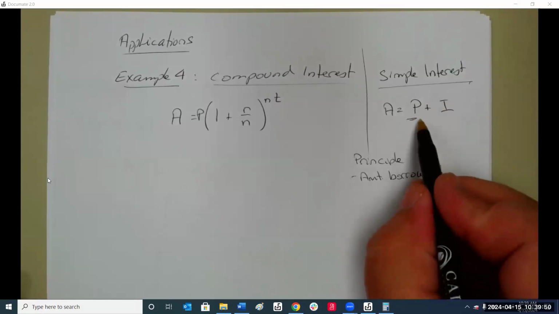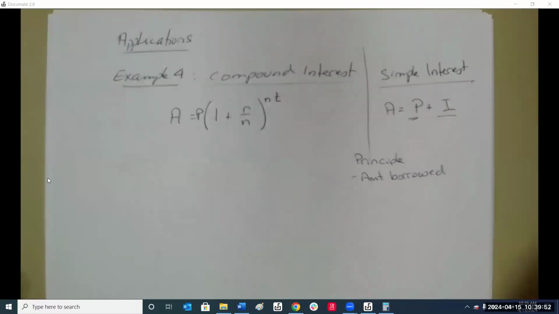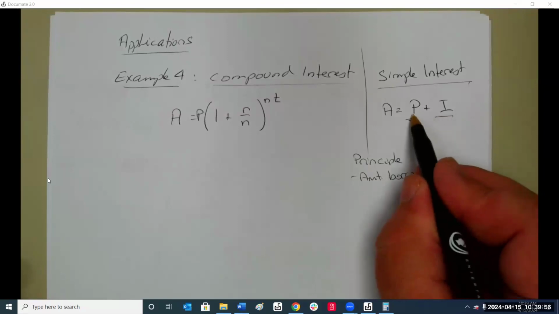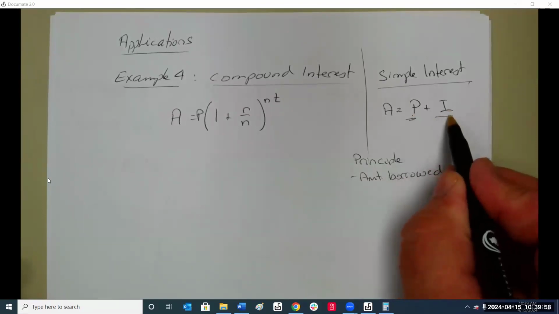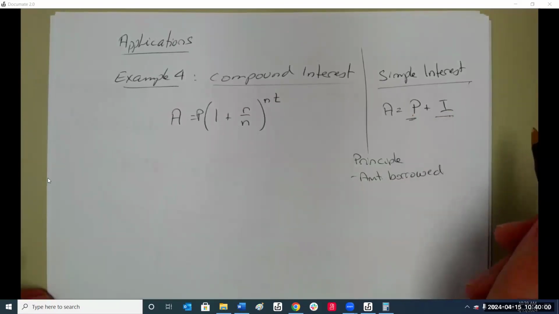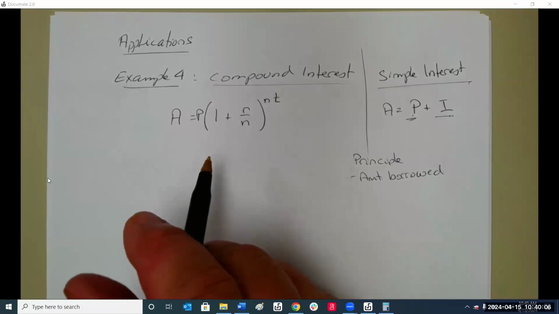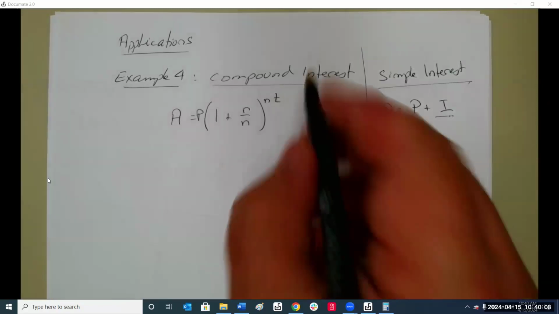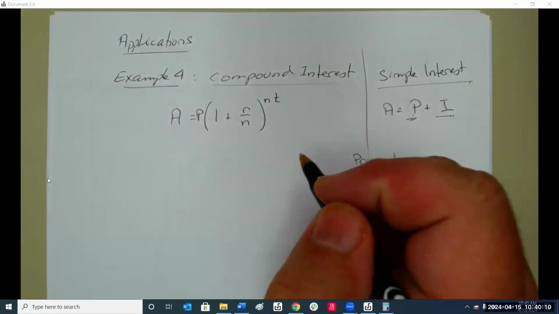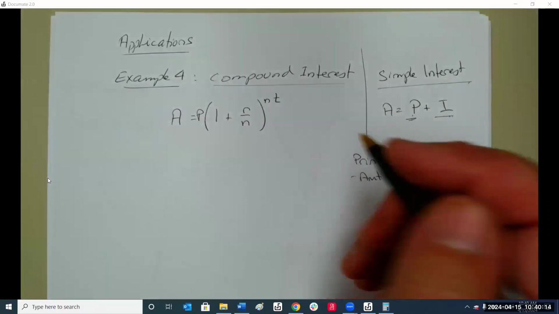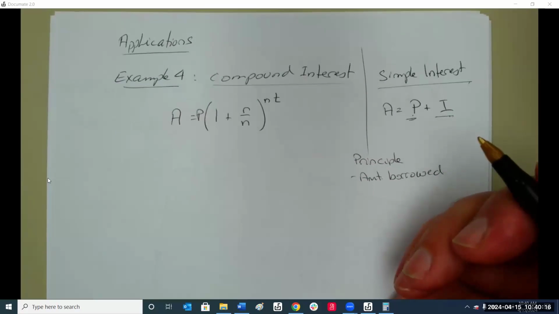Simple interest is when you agree to a certain fee for using that money for however long, and then you pay back the amount borrowed and that fee, and that's it. It's a one-time thing. Compound interest compounds at whatever the rate is, whether it's daily, weekly, monthly, hourly, annually, quarterly.